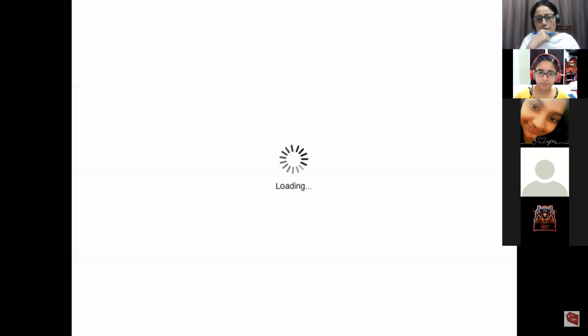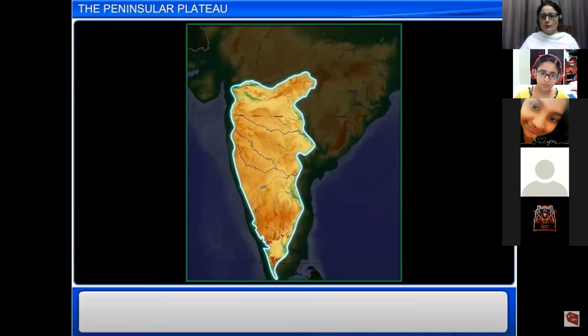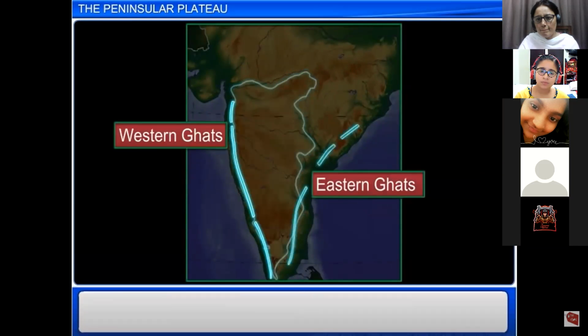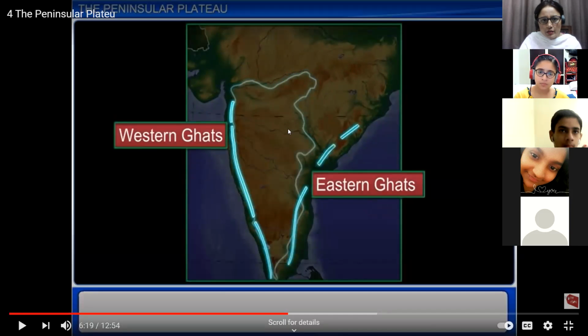Moving southwards over the Deccan Plateau, you will observe that it is bordered by Western Ghats on the west and the Eastern Ghats on the east. Now look at the Western Ghat. Western Ghats, बिल्कुल very much close to coastal area. Difference between Ghats and this Arabian Sea is extremely less.